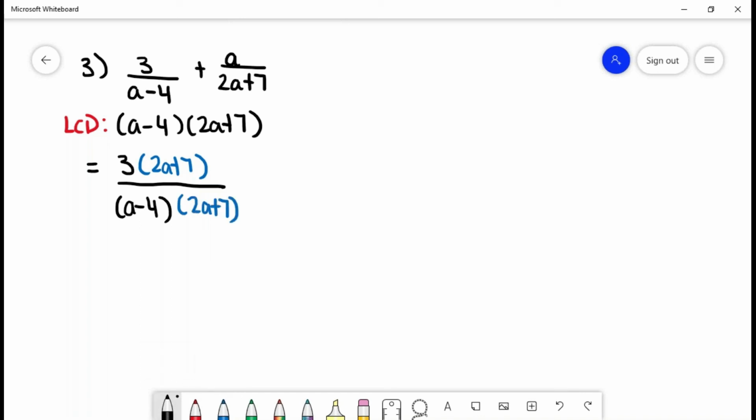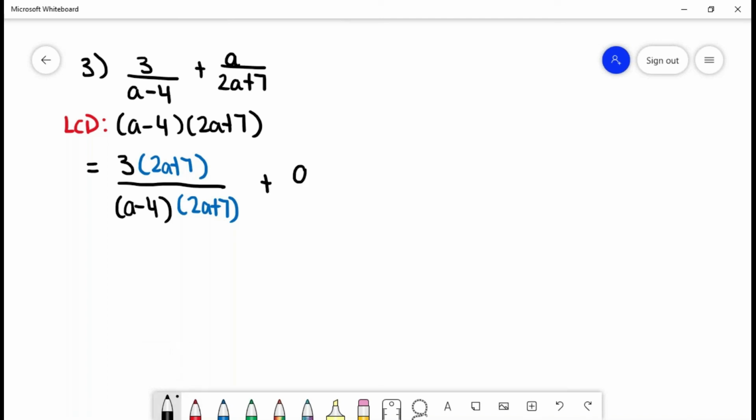Now, the exact same thing for this other fraction. Taking this a divided by (2a + 7) fraction, we know that the common denominator, yet again, is (a - 4) times (2a + 7). So in order to make the denominators the same, we have to multiply both the numerator and denominator by a - 4.